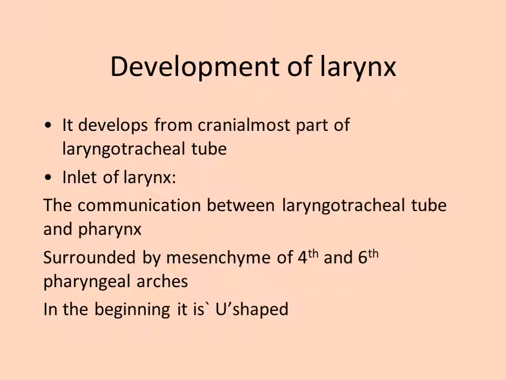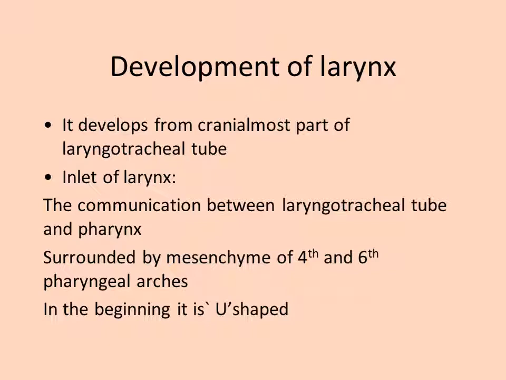What is the inlet of the larynx? It is the communication between the laryngotracheal tube and pharynx. So this communication persists in adult life as the inlet of the larynx, and this inlet is surrounded by mesenchyme of the 4th and 6th pharyngeal arches.